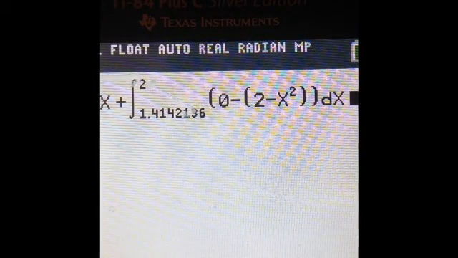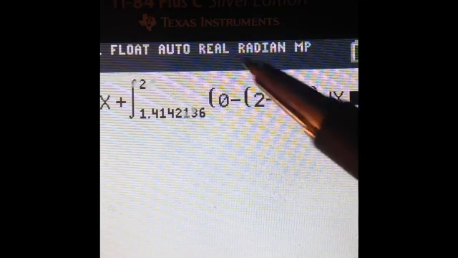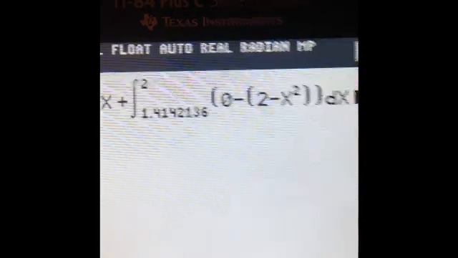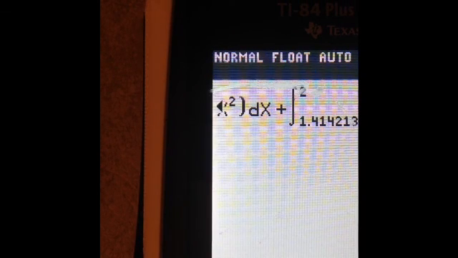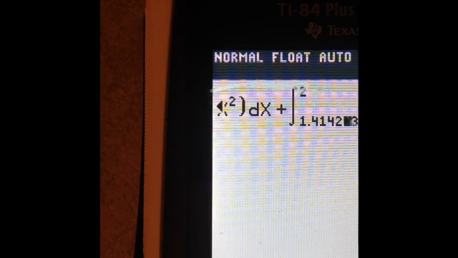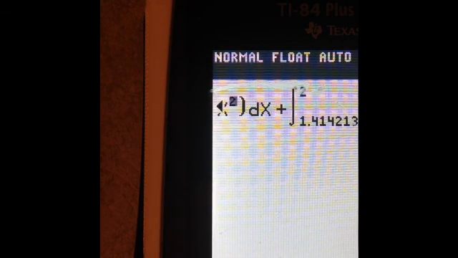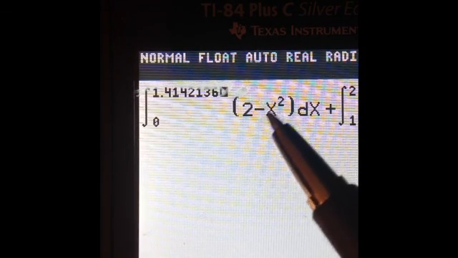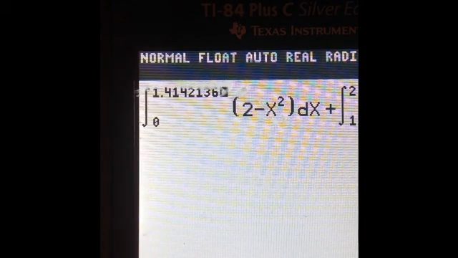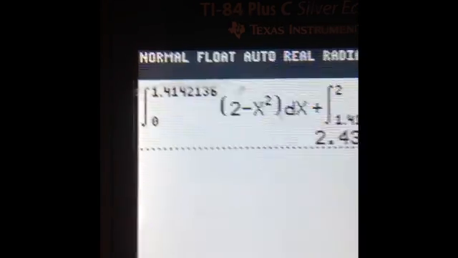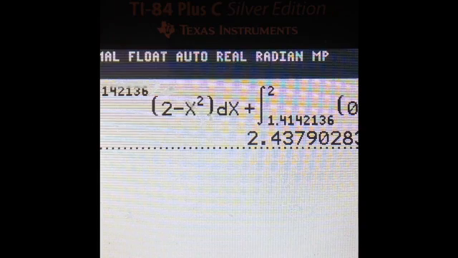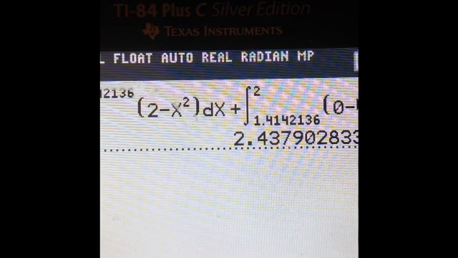That's the second part because the x-axis was going to be on top. And then over here, I can slide this over so you can see it again. Here we had this curve on top minus 0, so we didn't have to put it. So if you do and hit enter, you're going to get 2.4379, and you're going to round up to 2.438, which is the correct area.